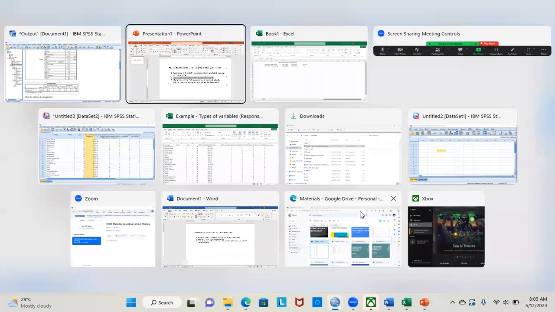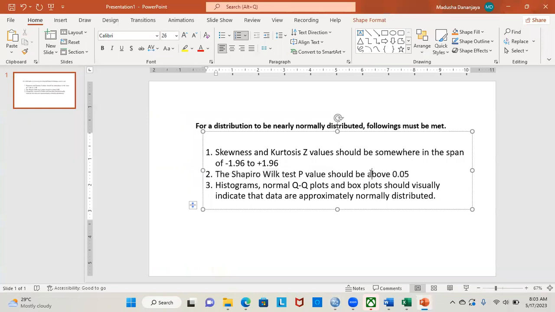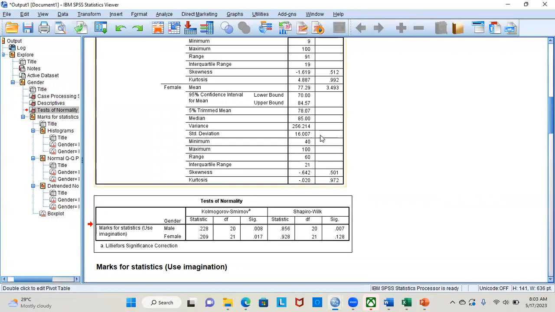According to the criterion, that value should be above 0.05 for the distribution to be a nearly normally distributed one. So we can say that it is not normally distributed.